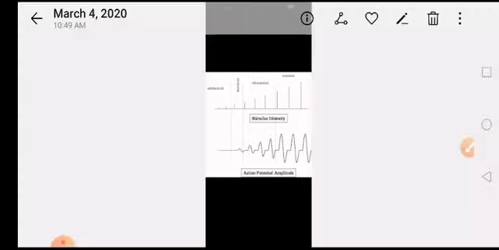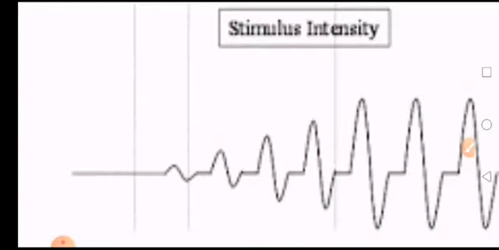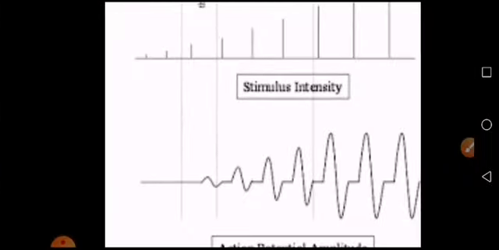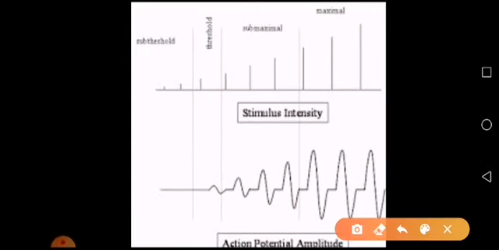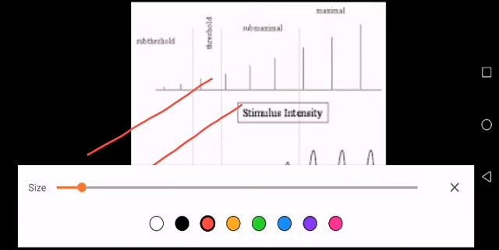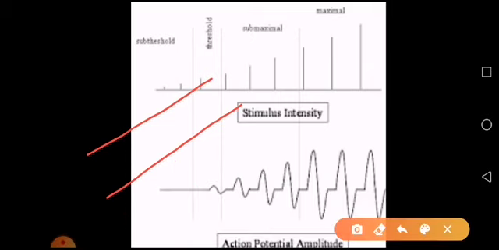Third, for the nerve, what is a nerve? A nerve is a set of nerve fibers. This is a nerve, and these are the nerve fibers that are inside the nerve.